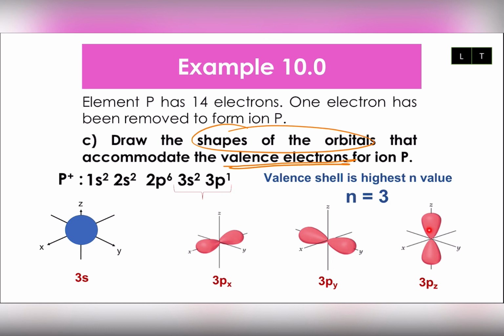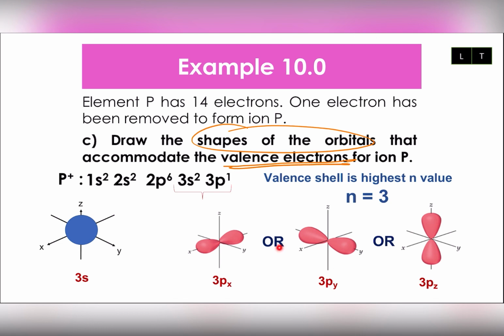So I suggest you write down "or" between your drawings of the p orbital. Ini bermaksud awak bagi tahu examiner this one electron in the 3p orbital can be either here or here or here. So ini cara macam mana you nak draw kalau in case you nak draw tiga shapes terus.